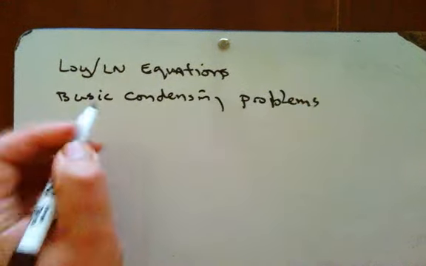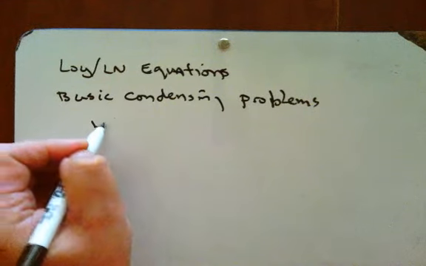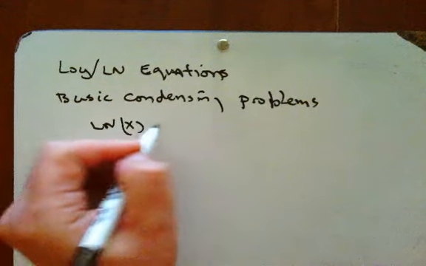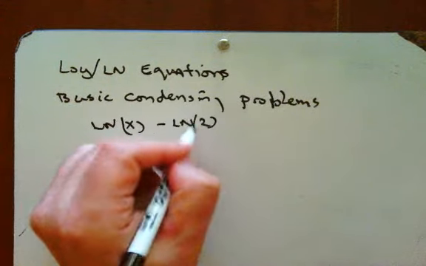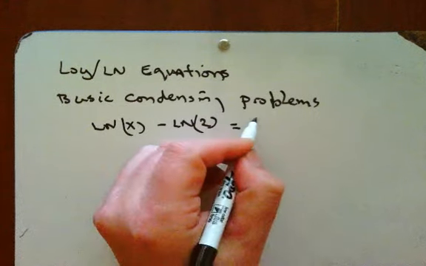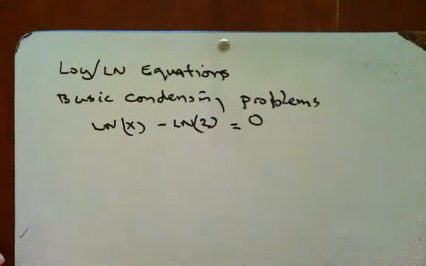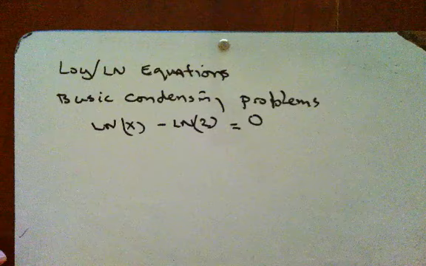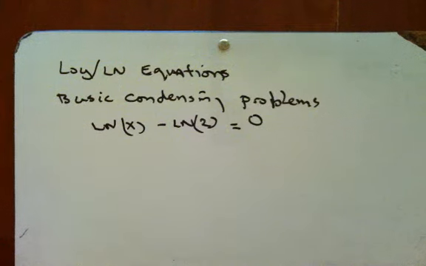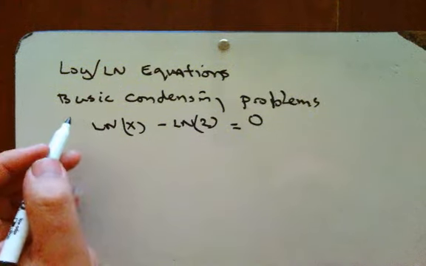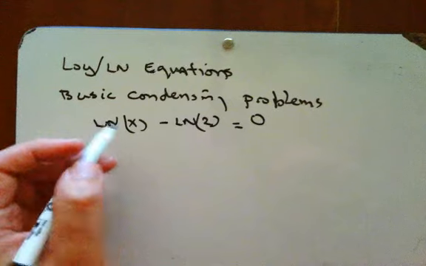So let's look at first at some basic condensing problems. For example, ln x minus ln 2 equals 0.